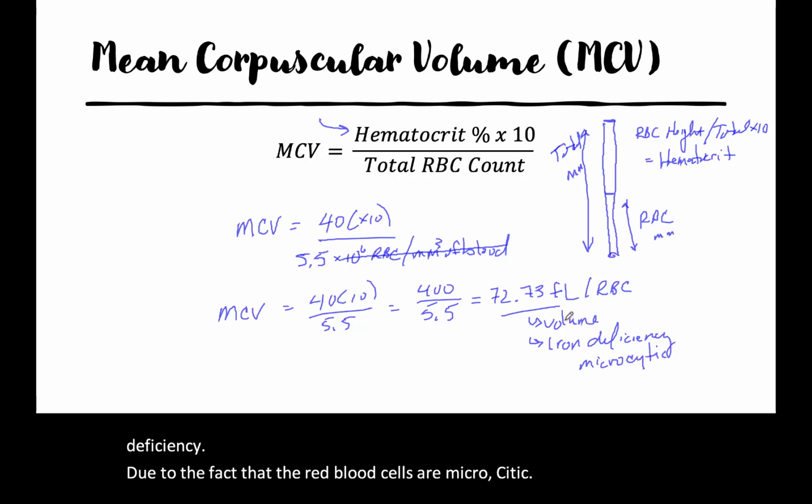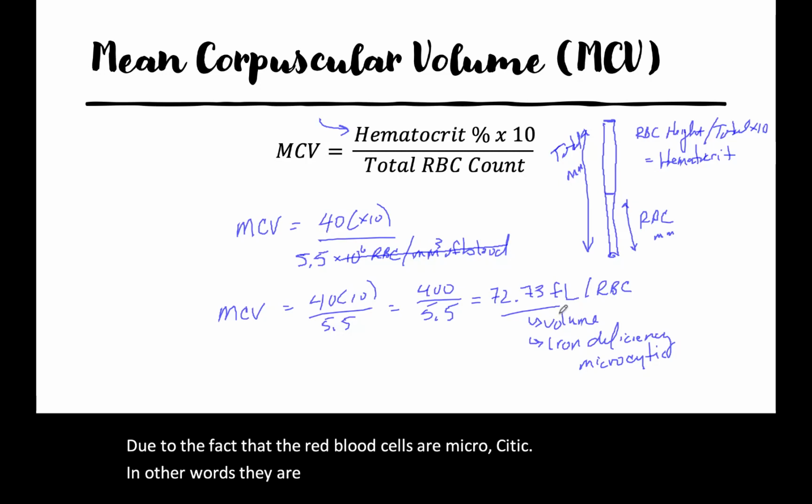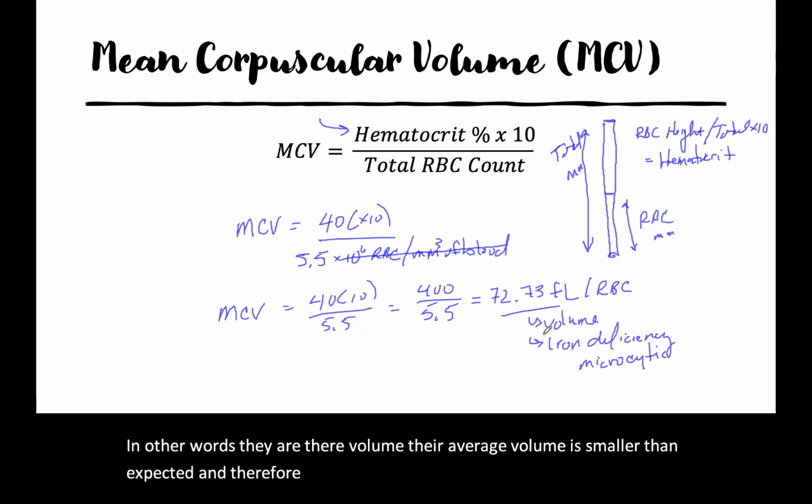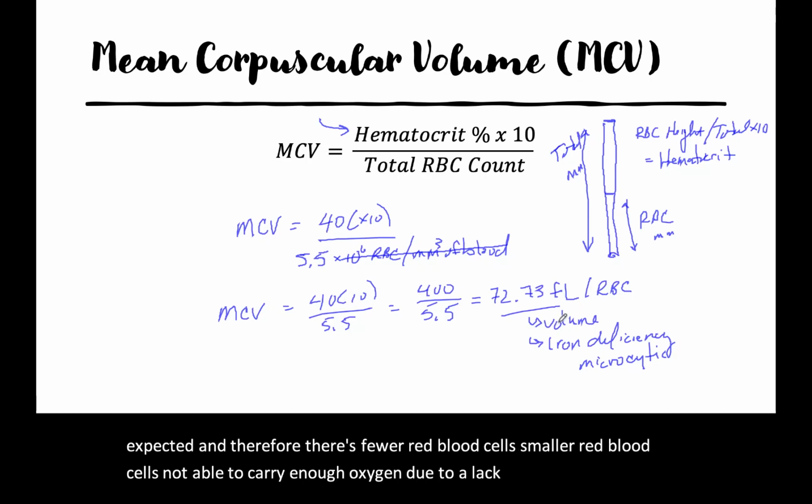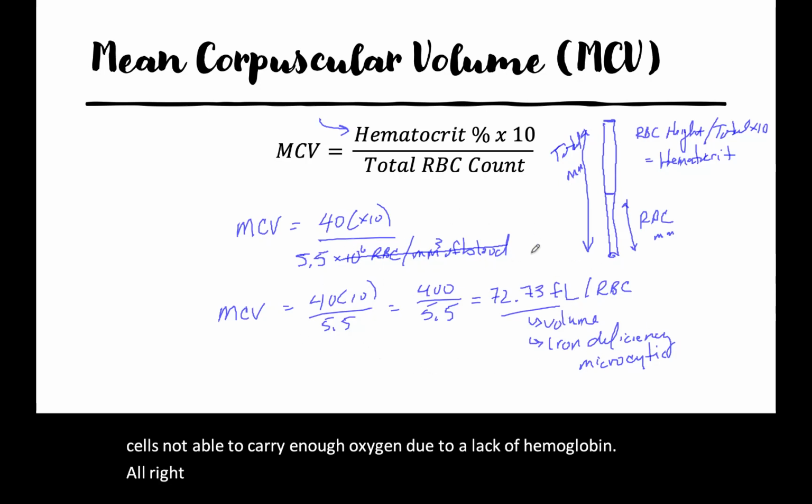In other words, their average volume is smaller than expected, and therefore there are smaller red blood cells, not able to carry enough oxygen due to a lack of hemoglobin. All right, and so that is your mean corpuscular volume.